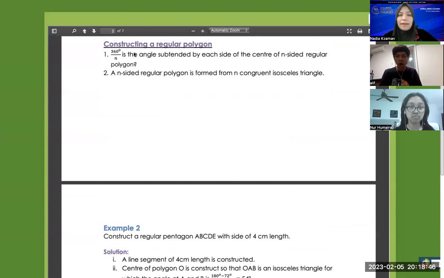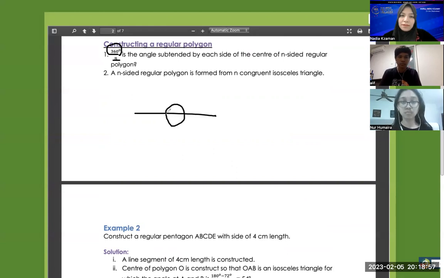So by having n sides, the angle will be 360 divided by n, because in total we have 360 degrees as a full angle.